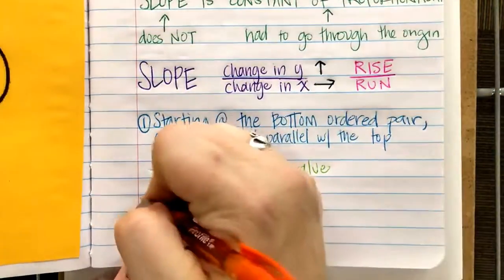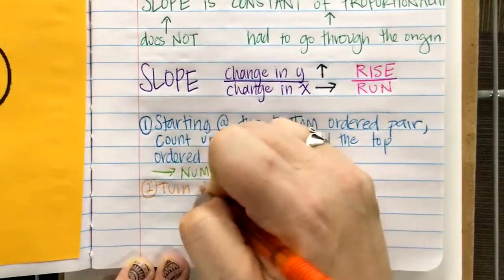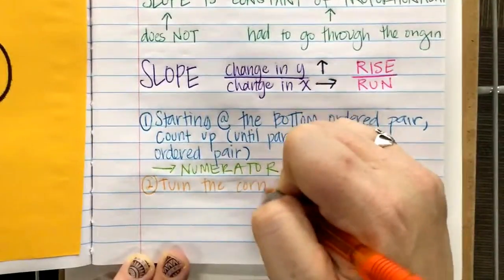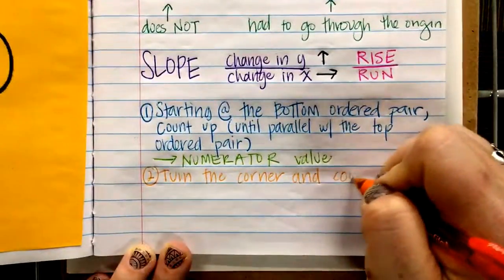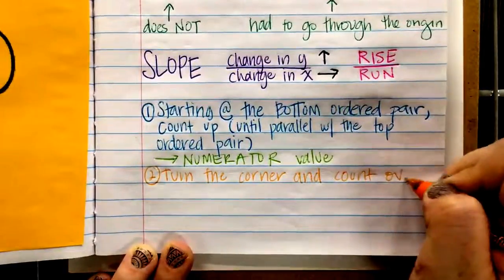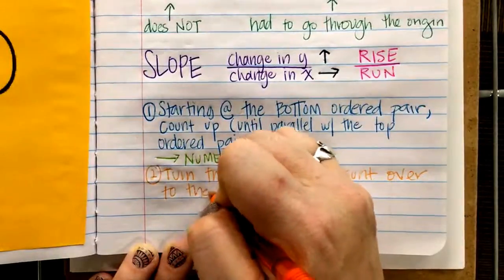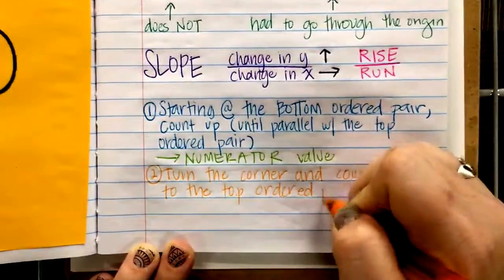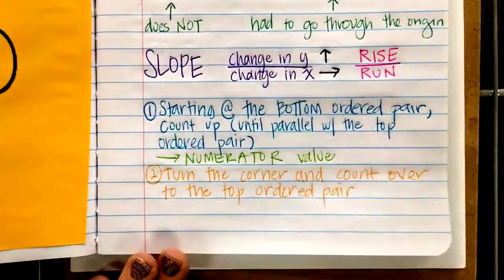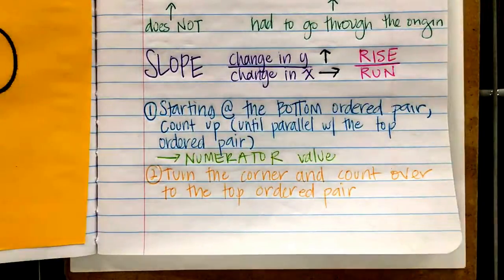Then you're going to turn the corner and count over to the top ordered pair. So the directions: you're starting at the bottom ordered pair and you're counting up.